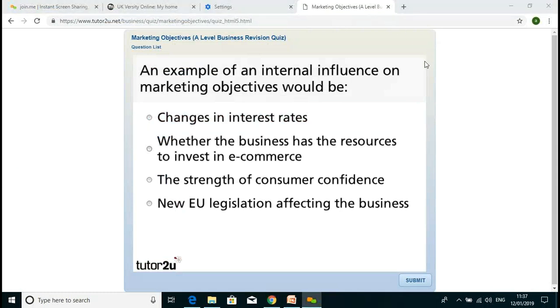External influences, changes in interest rates, the strength of consumer legislation. Internal influence on market manipulation.